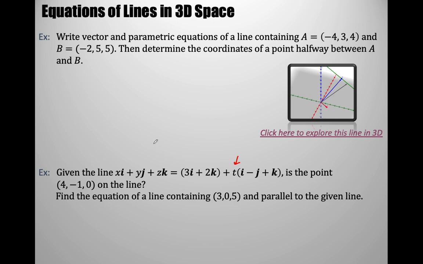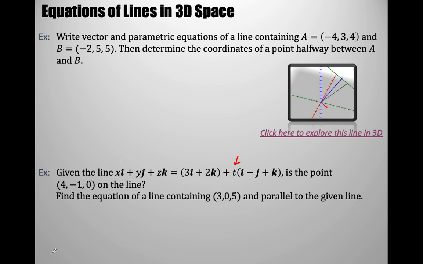I want to know, is this point on the line? Just like when you were in Algebra 1, what did you do to figure out if a point was on the line? Didn't you plug in?